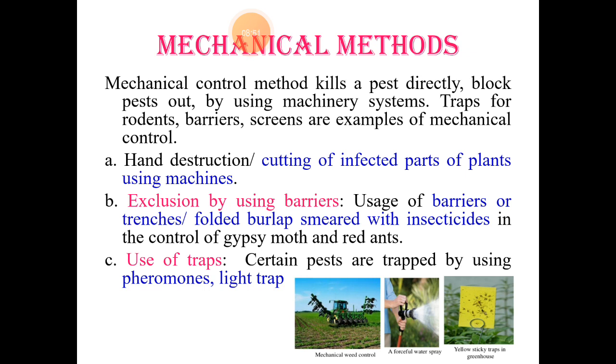It may be in the form of folded burlaps, nothing but gunny bags, which are smeared with insecticides inside. This is a practice done to reduce the population of red ants in mango trees.